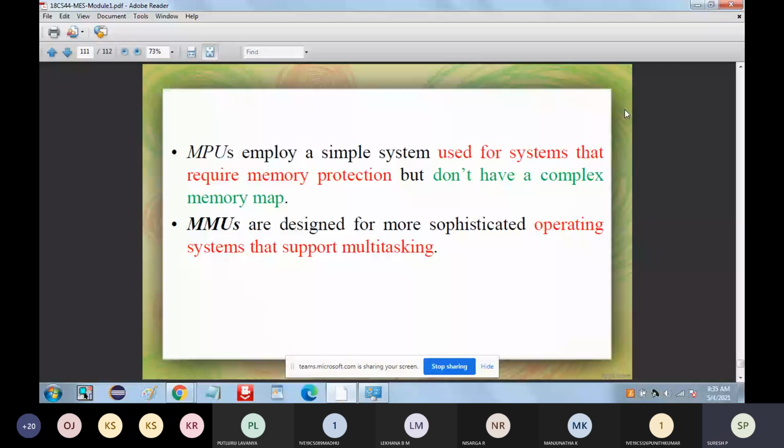It uses a set of translation tables. If you have the translation tables, they are going to provide you fine-grained control over memory.